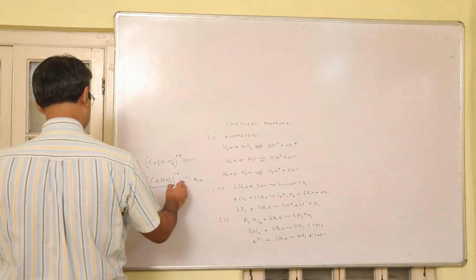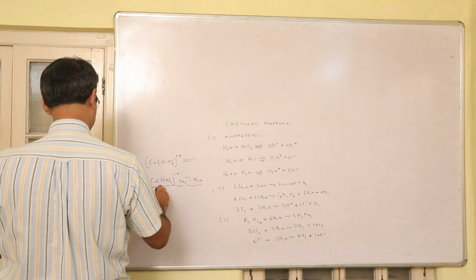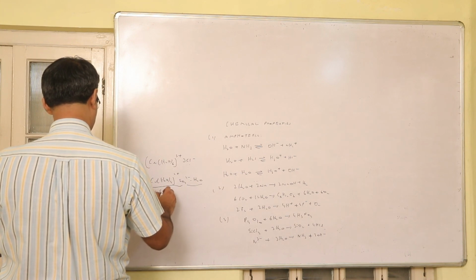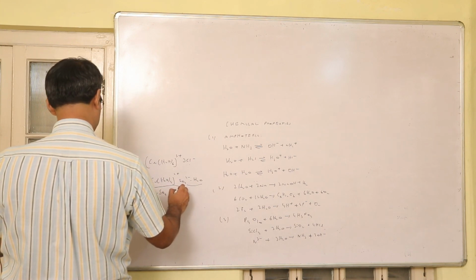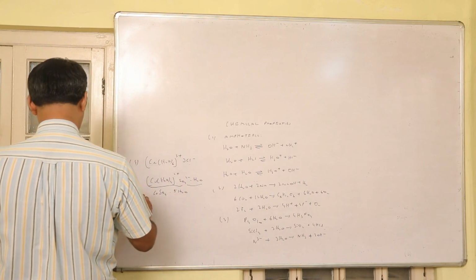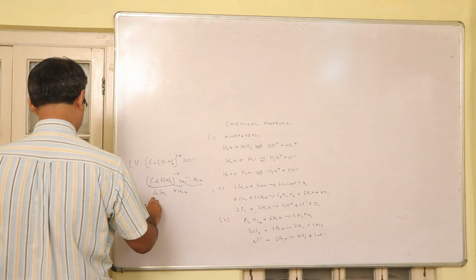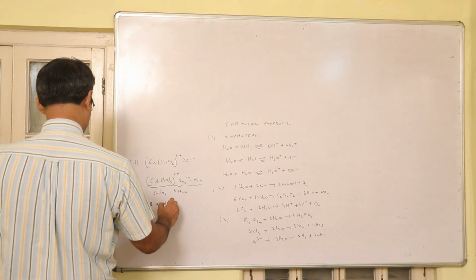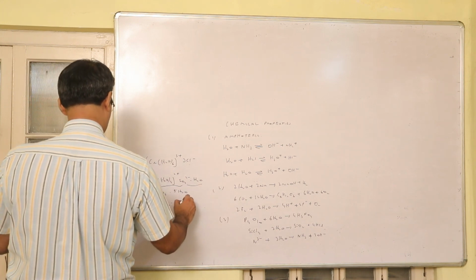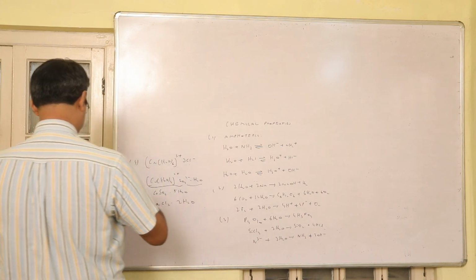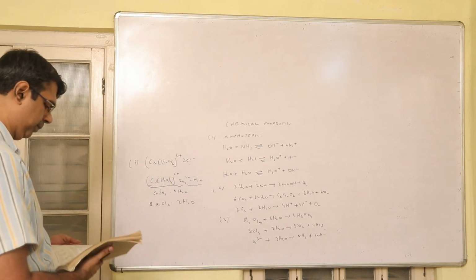In fact, this is actually copper sulfate dot 5H2O, and you can also have interstitial water, like water is present in the voids, like BaCl2.2H2O.